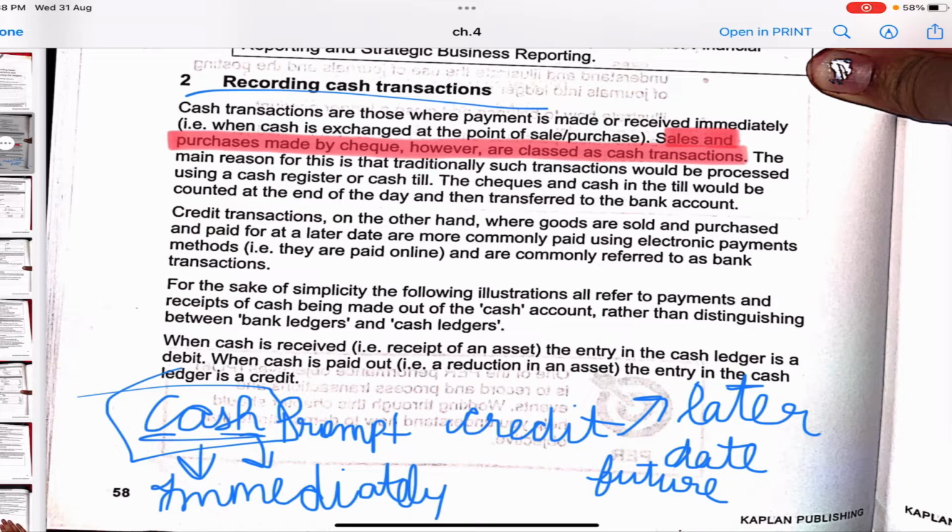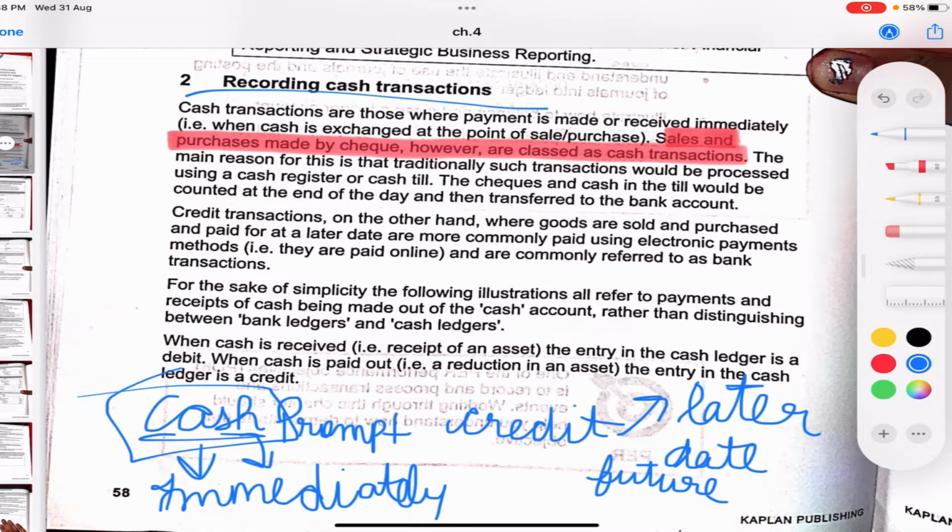Credit transactions, on the other hand, where goods are sold and purchased and paid for at a later date, are more commonly paid using electronic payment methods, that is, they are paid online and are commonly referred to as bank transactions.